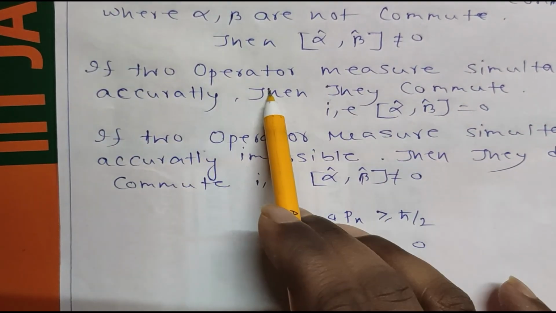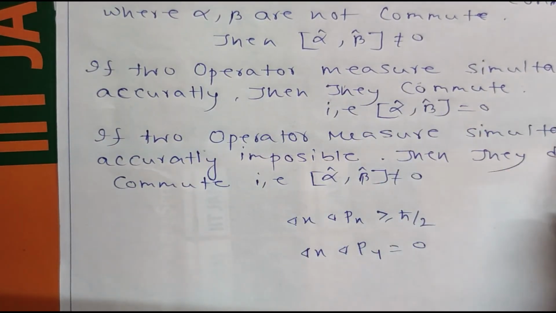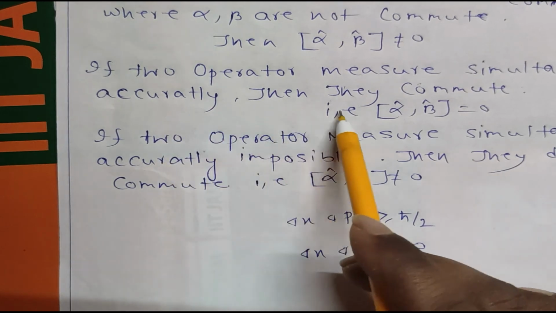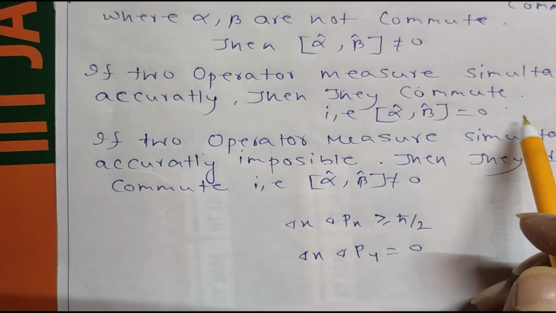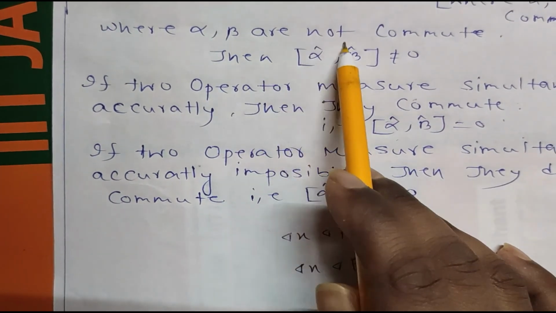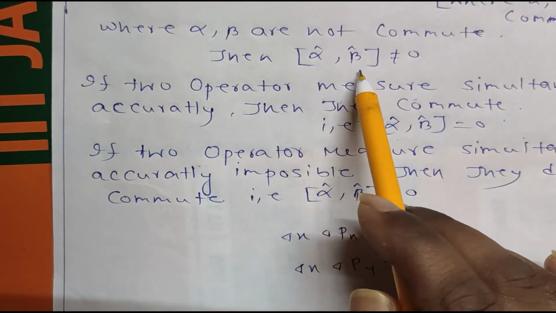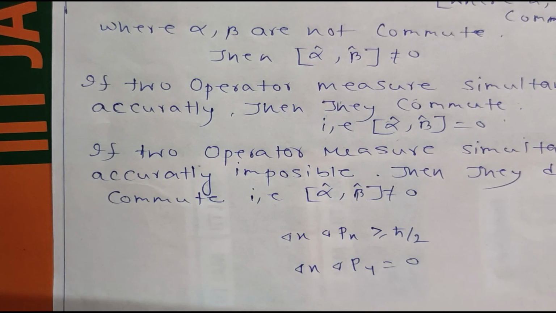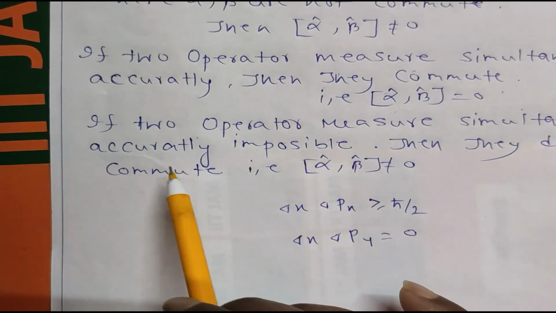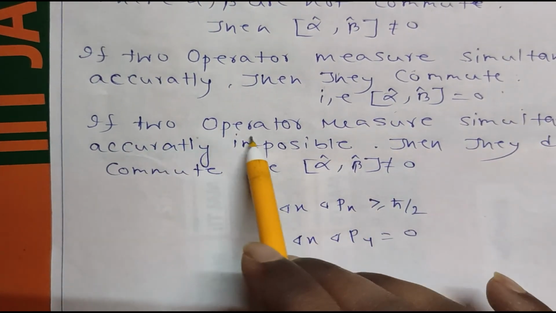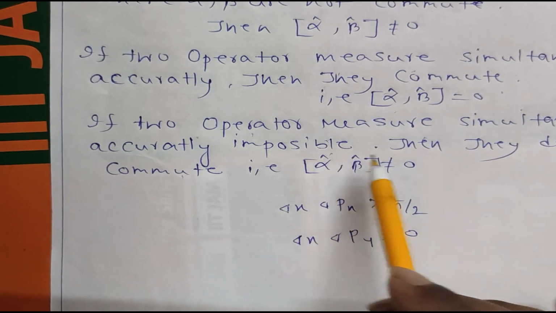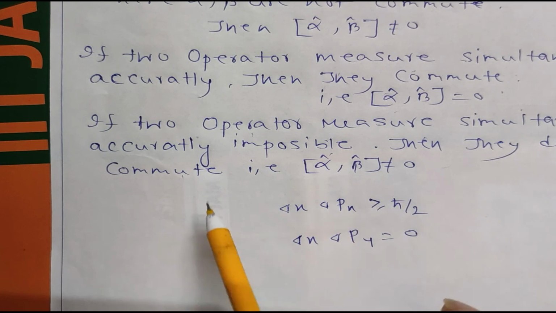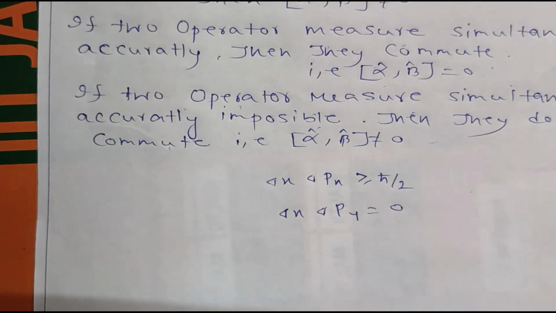If two operators can be measured simultaneously and accurately, then they commute, so their commutator is 0. But if they cannot be measured simultaneously and accurately, then they do not commute, and the commutator is not equal to 0.